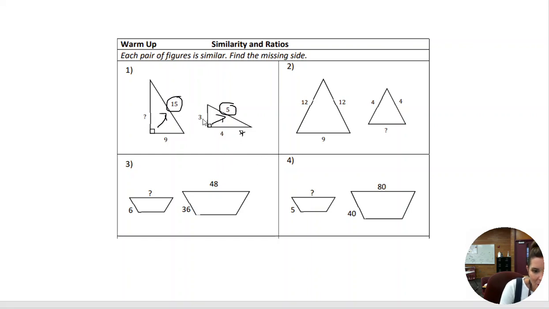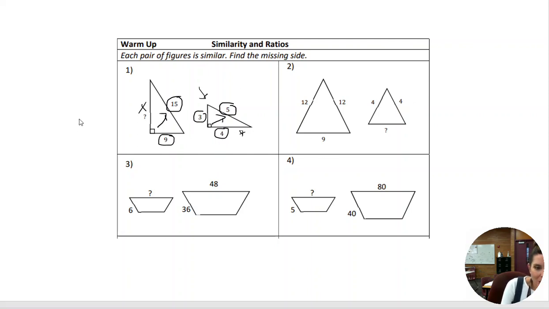And then the other two sides, the 3 and the 4 on the smaller triangle, those are called the legs. So you can see that the smaller leg is 3 on this triangle and the smaller leg on this triangle is 9. And you want to find the missing side length, which is this one right here, and it's the longer leg, and its corresponding side is 4.